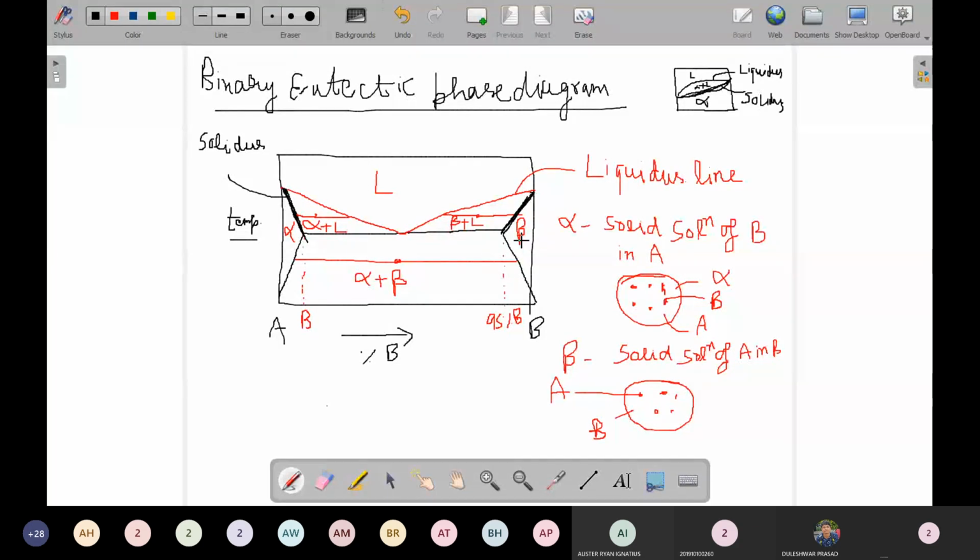So here you can also see this line separates a solid phase, that is beta, from a solid and liquid phase. So that's why it is also known as a solidus line. So here we are having two solidus lines.